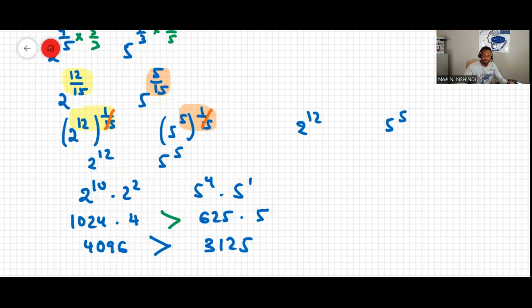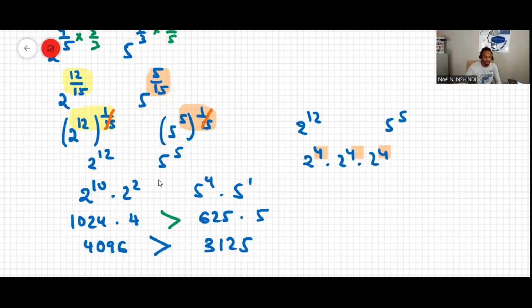You may do 2 to the 12 as 2 to the 4 times 2 to the 4 times 2 to the 4, or 2 to the 6 times 2 to the 6. All this would make 2 to the 12 because 4 plus 4 plus 4 makes 12. And then you compare that with 5 to the 5, you'll see that the solution will be the same.